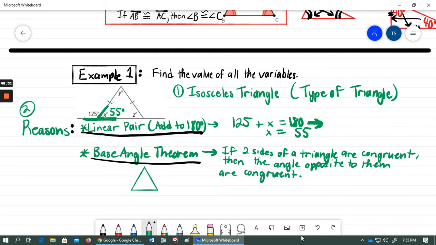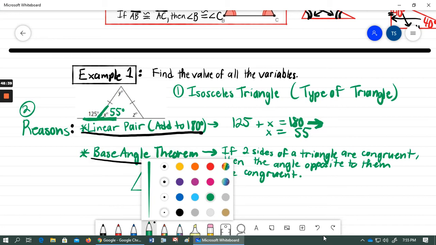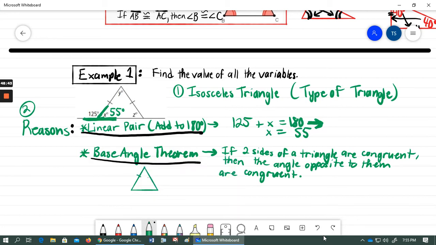All right, so that means since we've got these two congruent sides, those two angles that are opposite them, in other words those two base angles right here, are going to be congruent to each other. My little congruency marks right there.